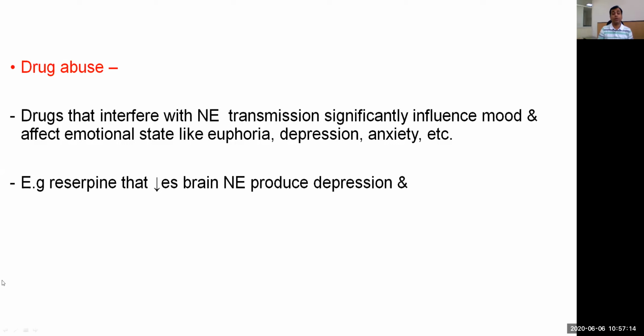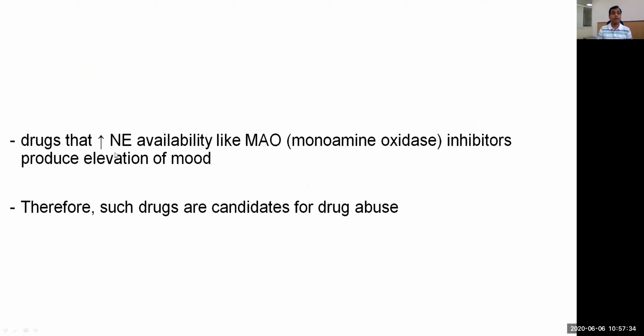Drugs that interfere with the norepinephrine transmission significantly influence mood and affect emotional state like euphoria, depression, anxiety, etc. Example, reserpine that decreases the brain norepinephrine production is responsible for the development of depression. And drugs that increase norepinephrine availability like monoamine oxidase inhibitors produce elevation of the mood, and therefore such drugs are candidates for the drug abuse.